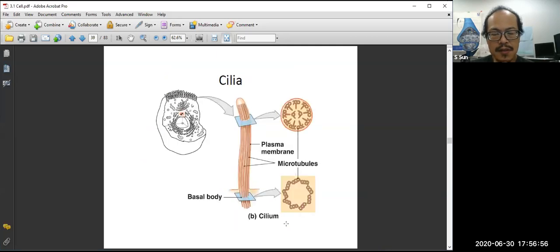So let's look at this. This is a cilia. In this cilia, we have about nine groups of microtubules. Each one could be 2 or 3 microtubules grouped together to form this cilia. You must know that this cilia can move, okay? They can sweep, and they make the cell move.